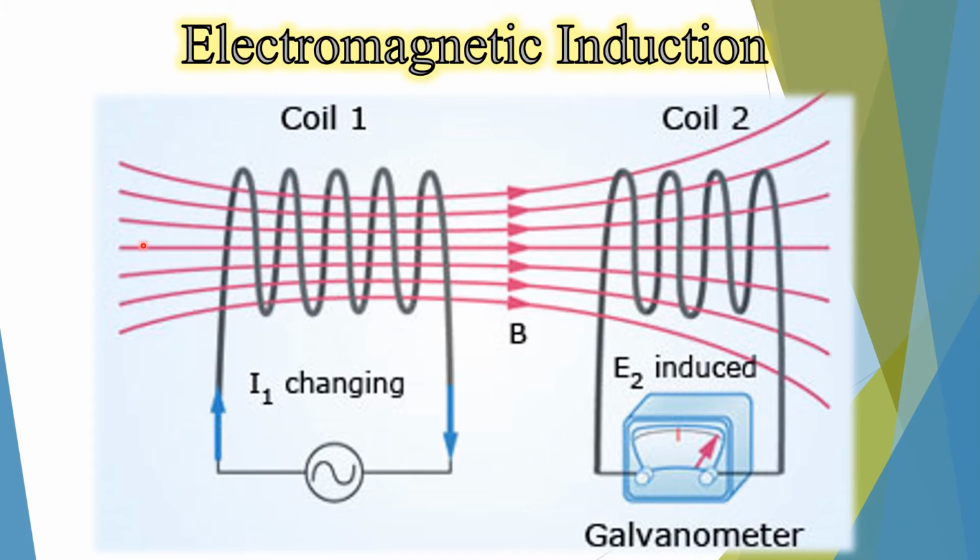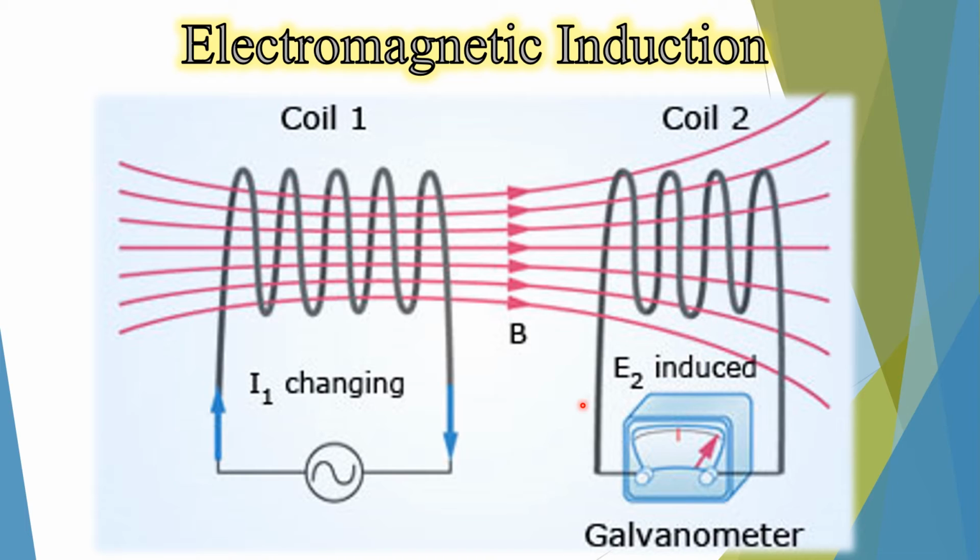So due to the continuous movement of coil 1, the magnetic flux linked with coil 2 must be changing, and due to this change we can have the phenomenon of electromagnetic induction, that is, we can have EMF through this coil.